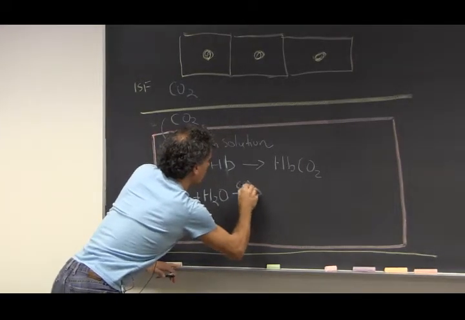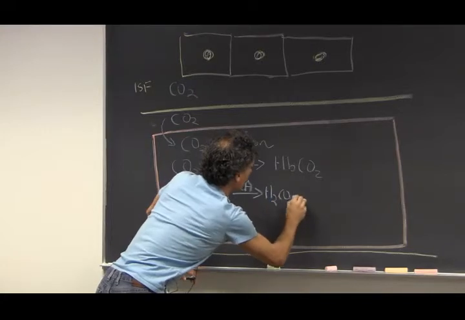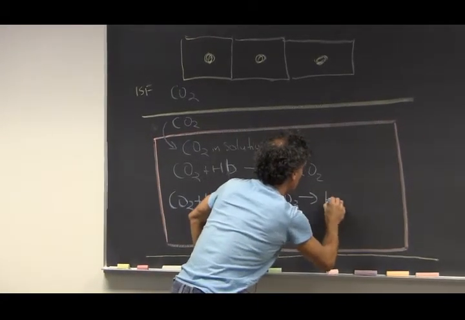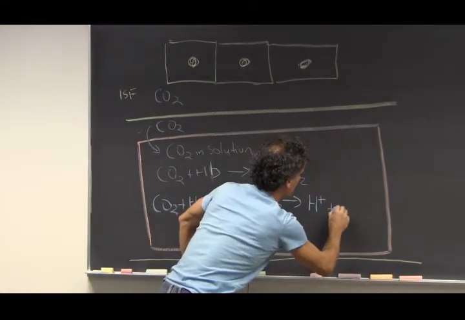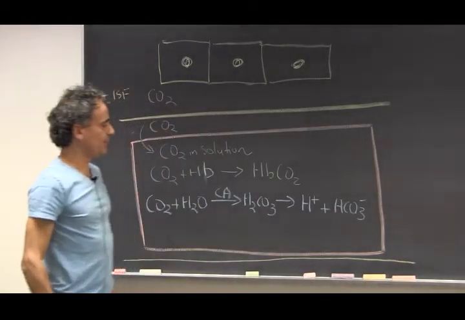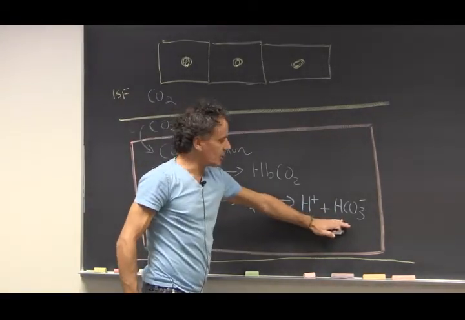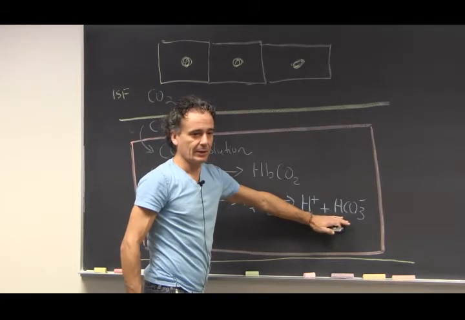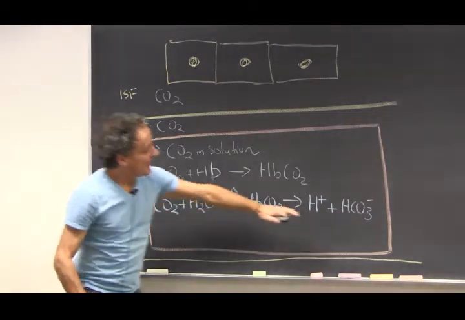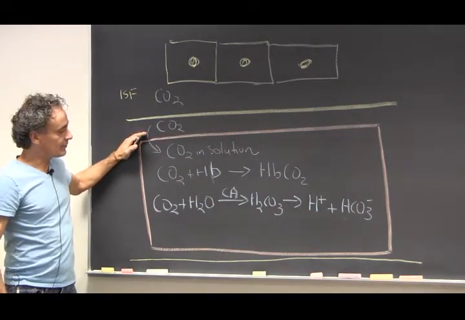And due to the high presence of carbonic anhydrase, carbonic acid is formed, which then dissociates into hydrogen ions and bicarbonate ions. This is the source of the bicarbonate that is the predominant manner in which CO2 is carried in plasma.